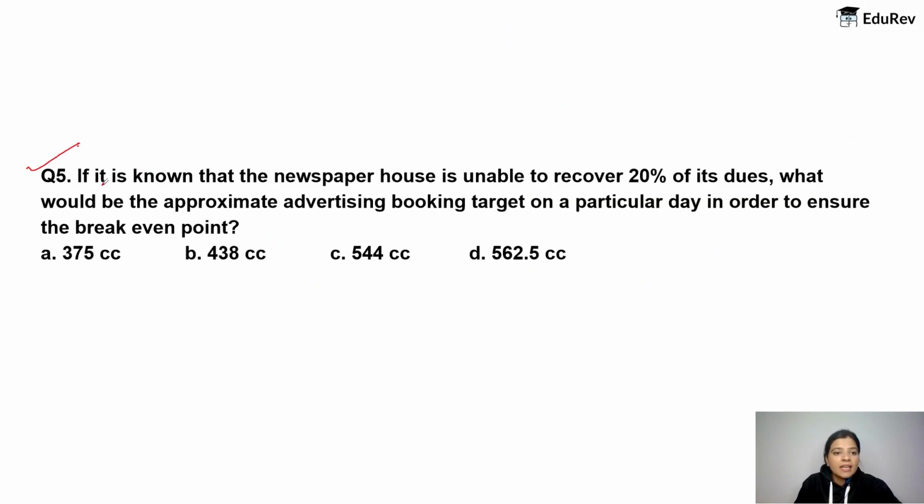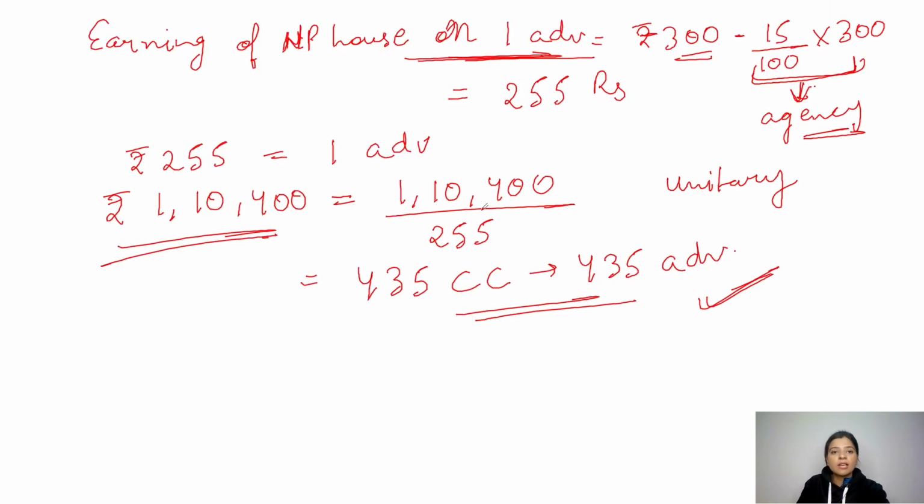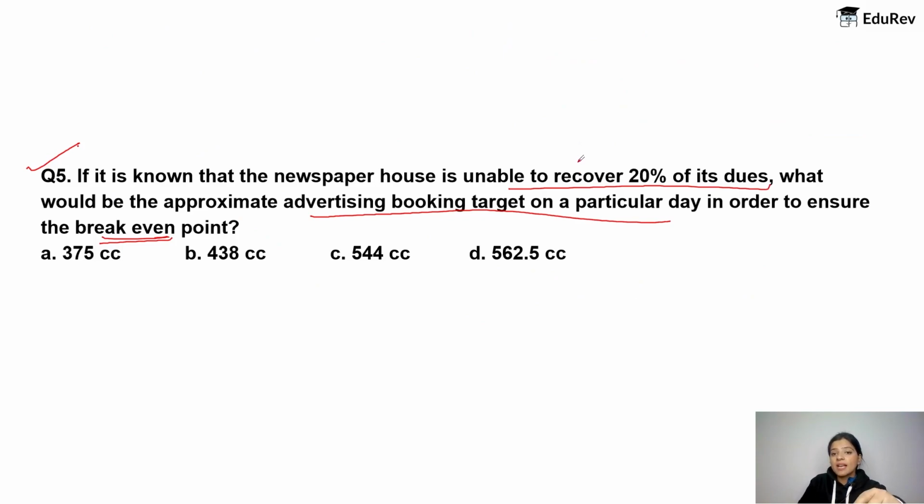It says that if it is known that the newspaper house is unable to recover 20% of its dues, what would be the approximate advertising booking target on a particular day in order to ensure the break even point? Again, no profit, no loss type of situation. But now the selling price, or I would say the earning of the newspaper house on one advertisement, is not 255 rupees, because it is unable to recover 20% of its dues.